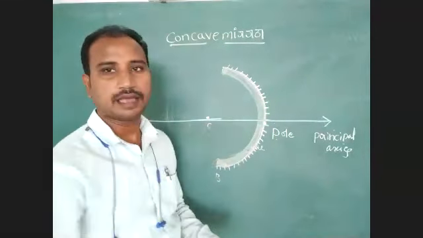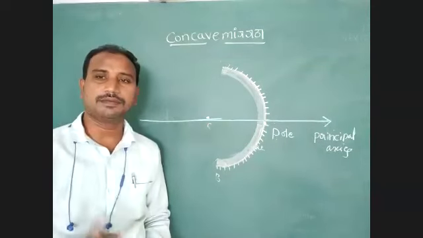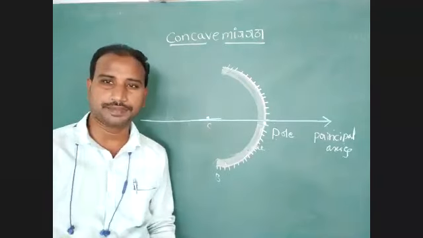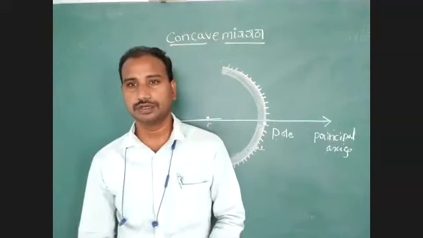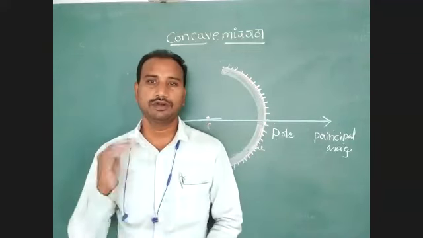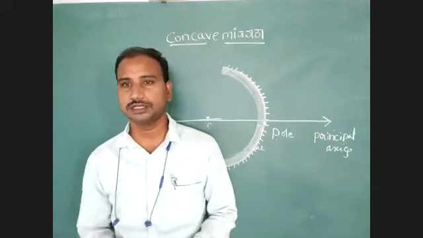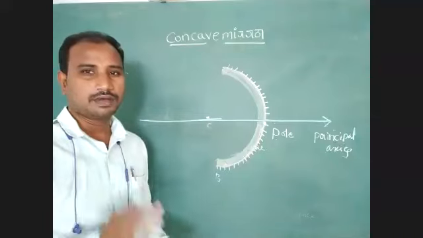Now we have to imagine one parallel beam of light rays, produced by an infinite source of light. Where do we consider that source of light? At infinity, for example stars and the sun. Here the sun can produce that parallel beam of light rays.